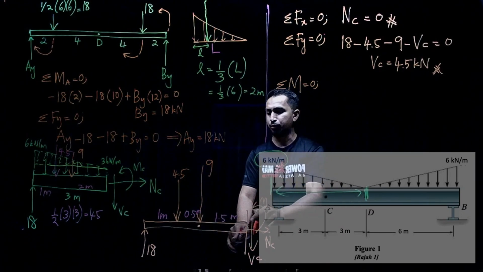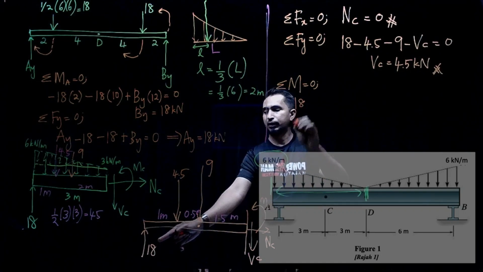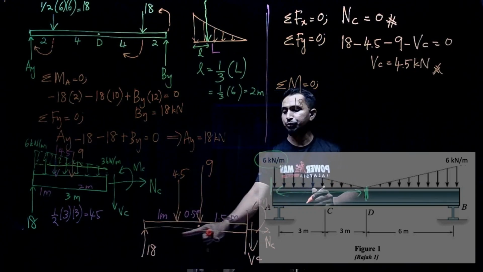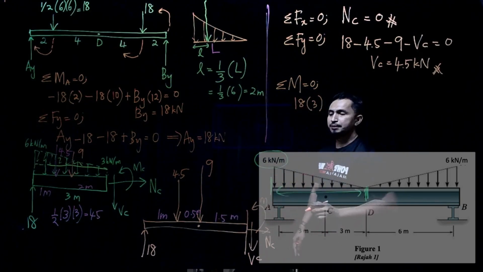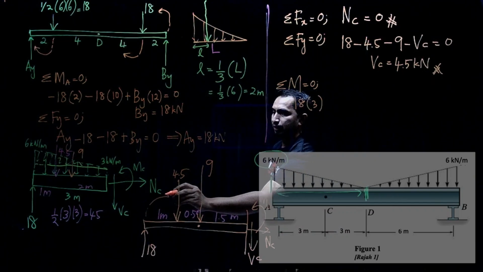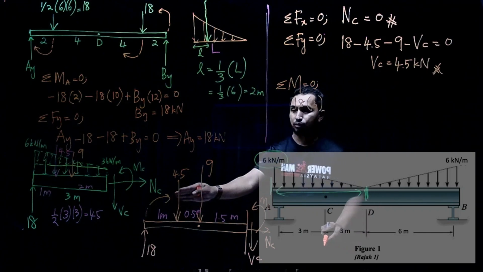This is our cutting point. So 18. Distance from 18 kilonewton to this cutting point is 3 meters. The arrow is going up, and then it will rotate at this point, point C, so clockwise.